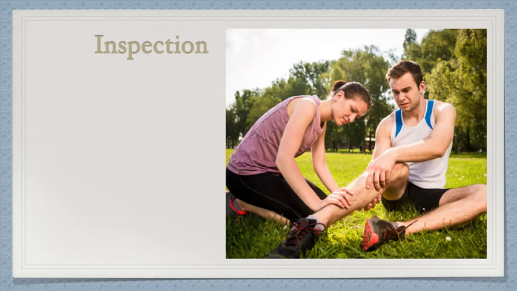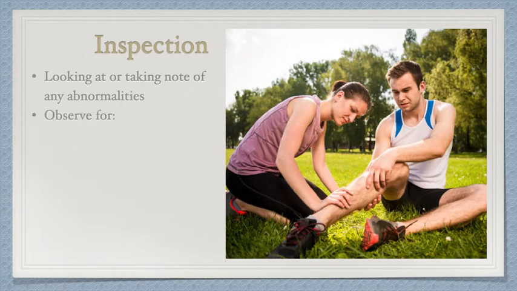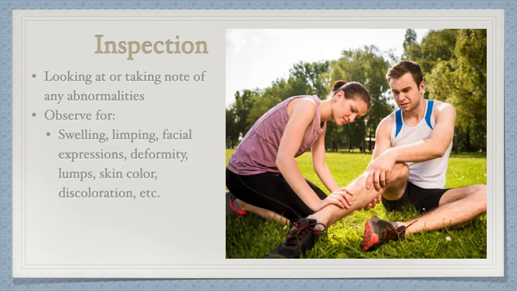Next step is inspection. This is looking at or taking note of any abnormalities. So we are going to look for swelling, limping, facial expressions, deformity, lumps, skin color, discoloration, etc. What we want to do is do this bilaterally. What that means is you're going to look at the good side and compare it to the bad side.